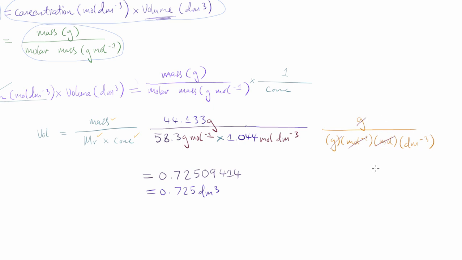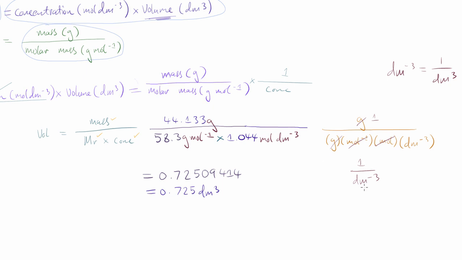And well, 1 divided by that. Now if we write this out in full according to what we have remaining here, because obviously grams divided by grams, you're just going to get the 1 at the end. But what we've effectively got here is 1 over dm to the minus 3. Now what is dm to the minus 3? dm to the minus 3 is 1 over dm to the 3, right?